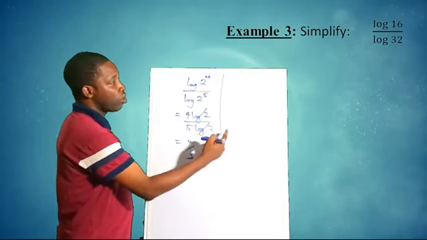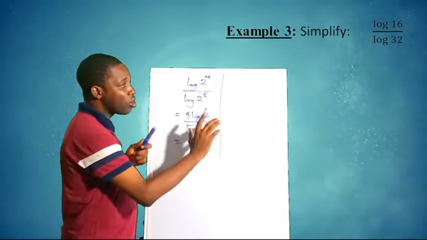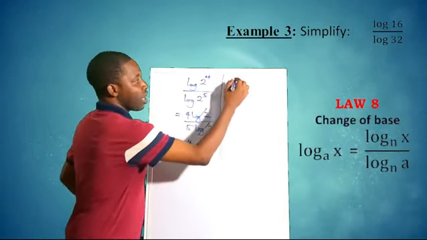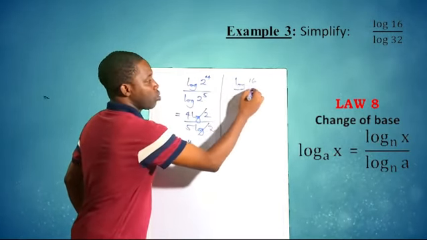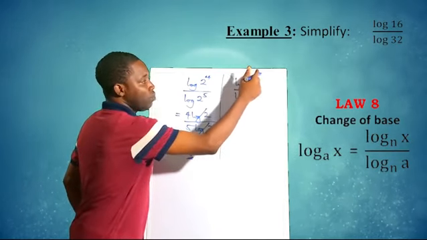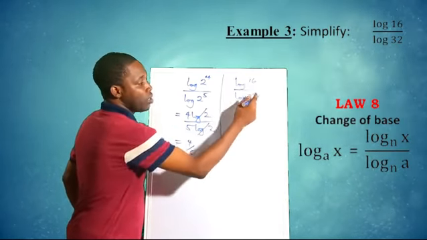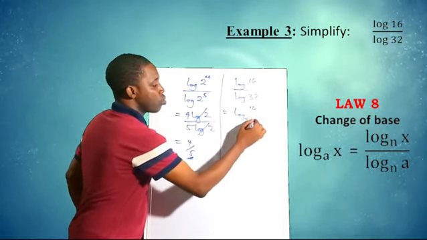I can do a second method. I can do a change of base. That is log 16 over log 32. This 16 will be the number and this 32 will be the base. So it becomes log 16 to base 32.